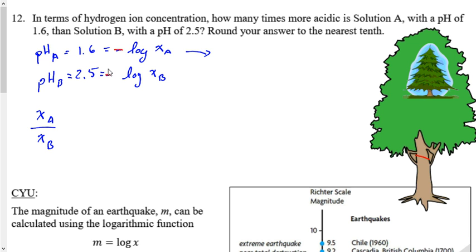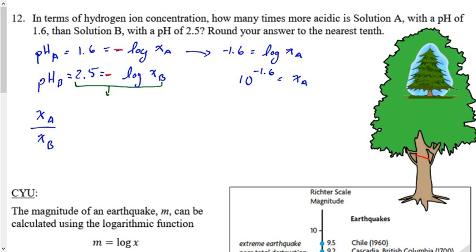So here I'll have -1.6 is equal to the log of X subscript A. When I rewrite that, I'll have 10 to the exponent -1.6 equals XA. Let me switch colors here for this one, just to help organize the information a little bit better.